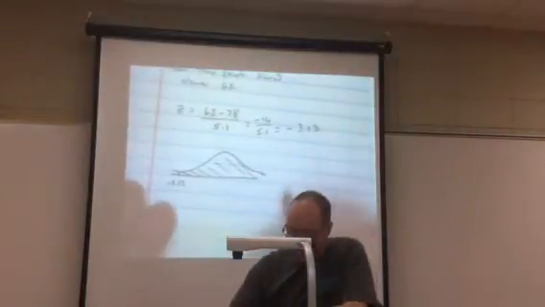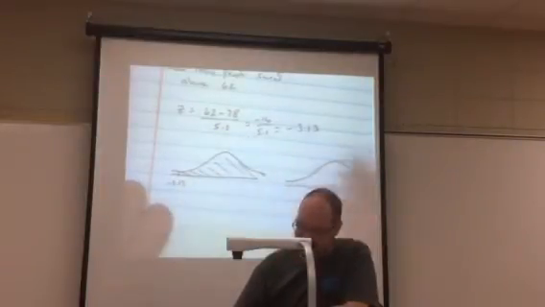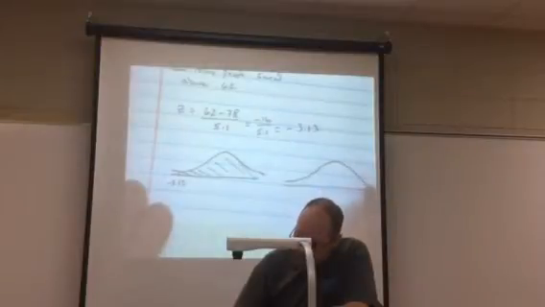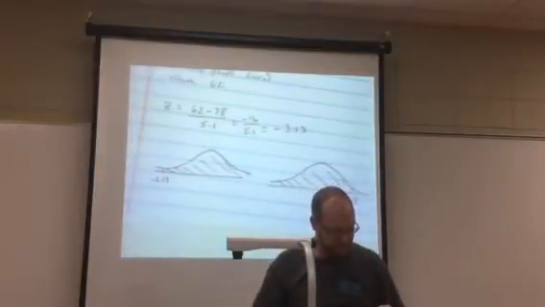But again, to answer that, what I'm going to do is I'm going to look at the area not to the right of negative 3.13, but the area to the left of positive 3.13. That region is the same region. It's symmetrical.